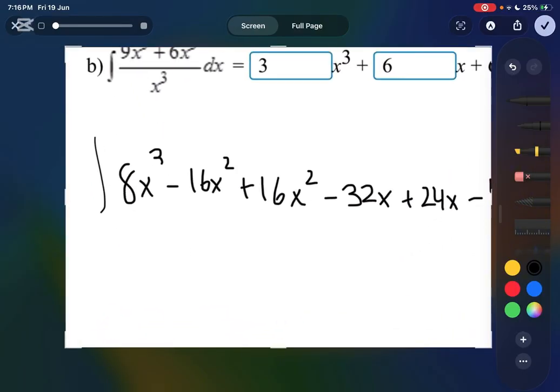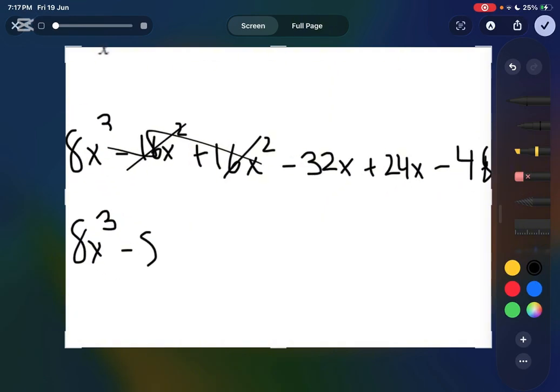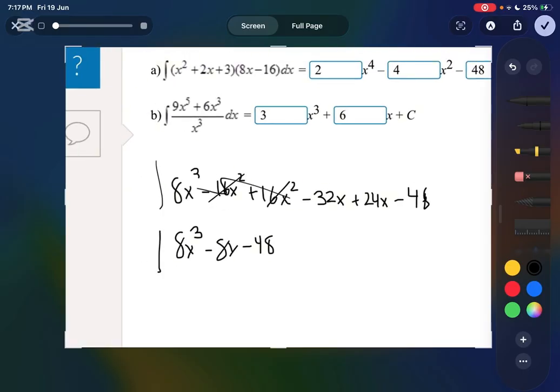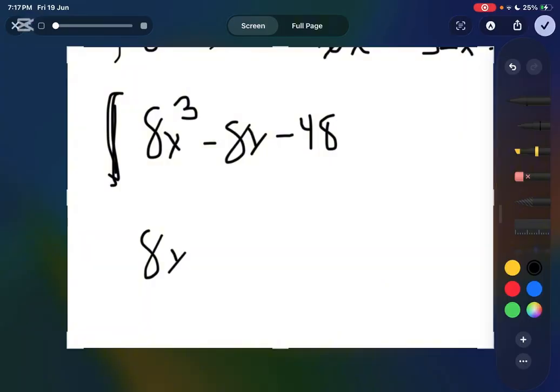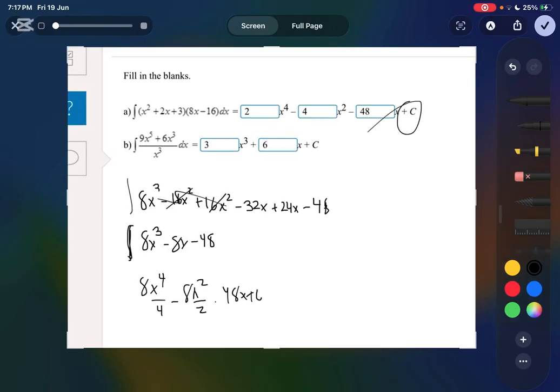So you can simplify by doing 8x^3, minus 32 plus 24. Minus 32 plus 24 is minus 8, so minus 8x minus 48, and then do the antiderivative. So now it will be 8x^4 over 4 minus 8x^2 over 2 minus 48x plus c. There's a plus c in the end.